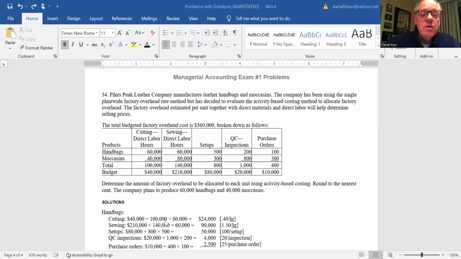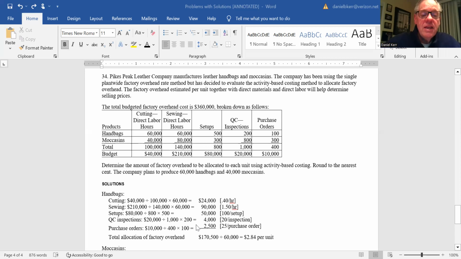And then setups, you had 80,000 divided by 800, and that gives me $100 per setup. The inspections are 20,000 for inspections, and there were 1,000 inspections, so 20,000 divided by 1,000.